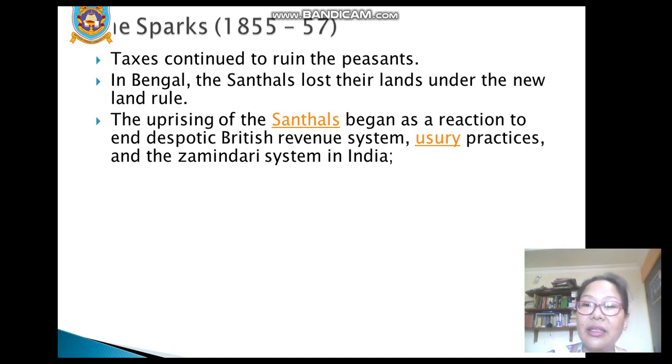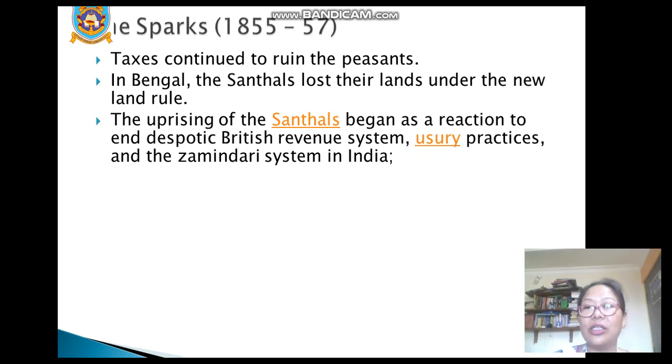The uprising of the Santals began as a reaction to the despotic British revenue system. Despotic means dictatorship or rule. And unsavory practices means unethical money lending practices, and the zamindari system in India.